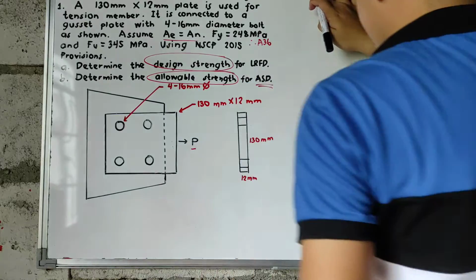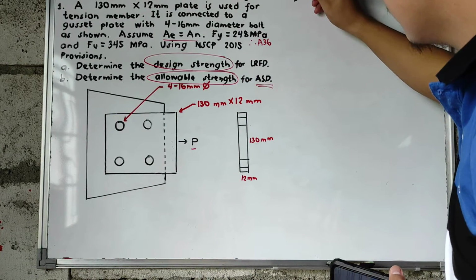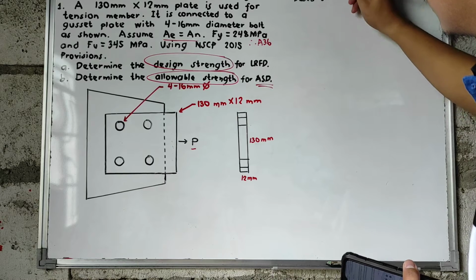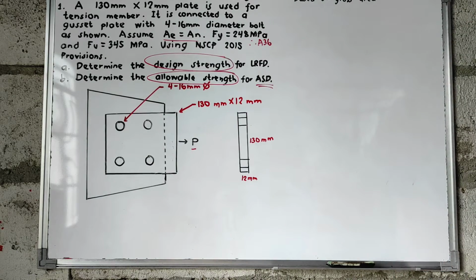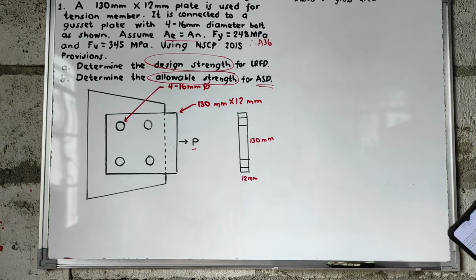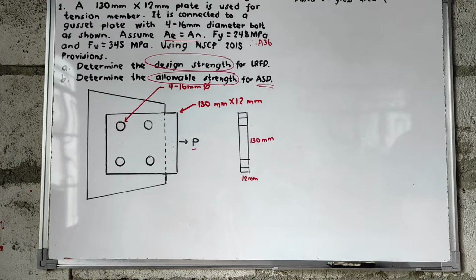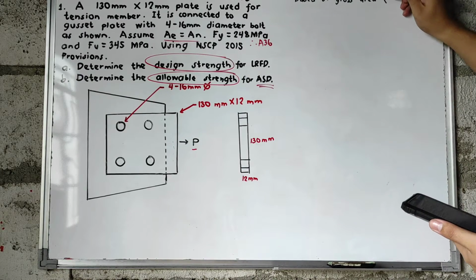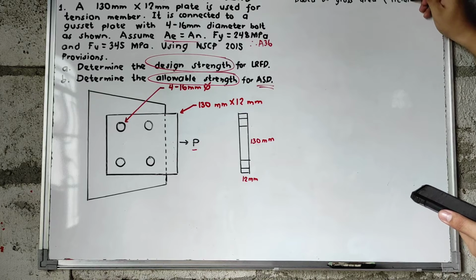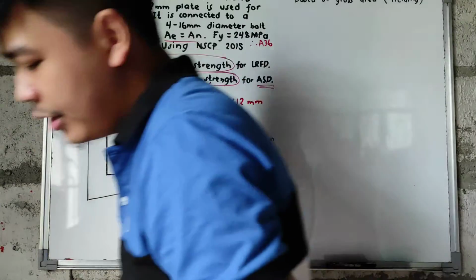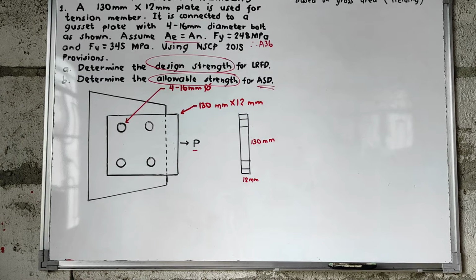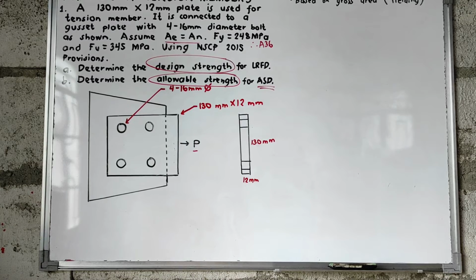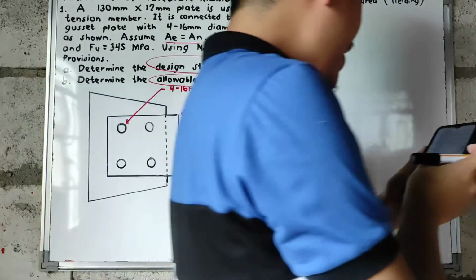When we consider the gross area, from the word itself, gross, it is the actual area we obtained. When considering the gross area, what we take here is yielding. Next is based on net area.